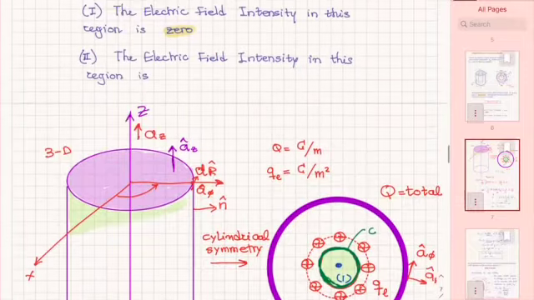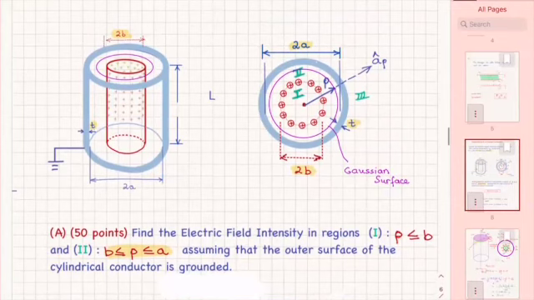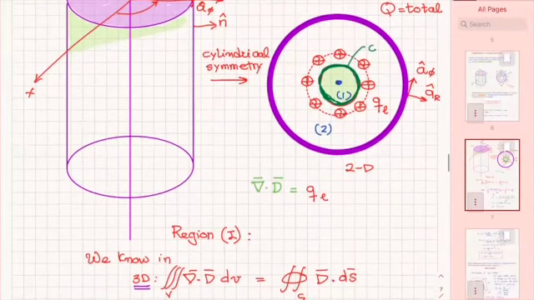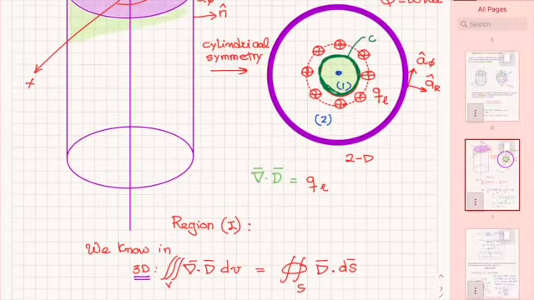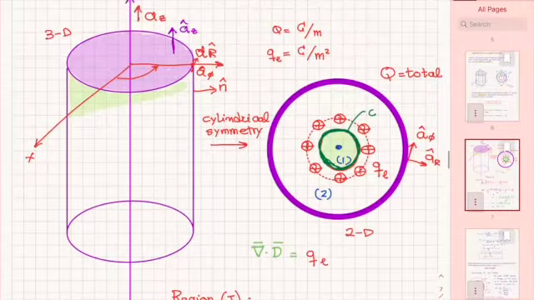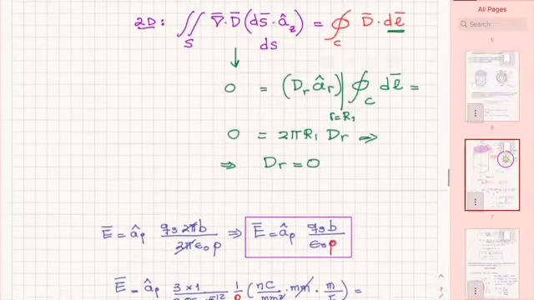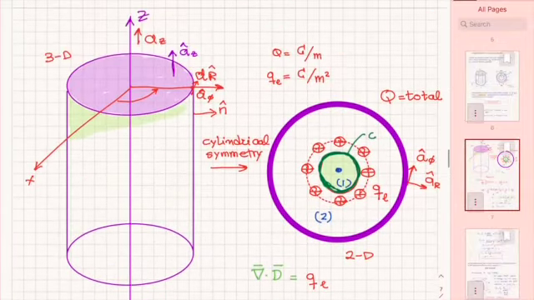Now, they asked for intensity, and we want the intensity in region 2, which is between the charge and the metal. In this case, we erase, and what we're gonna do is keep that.